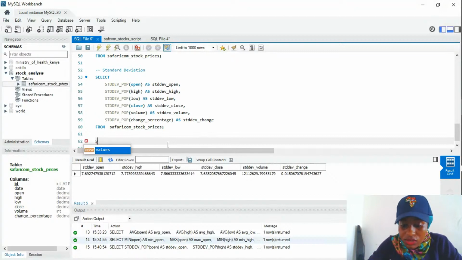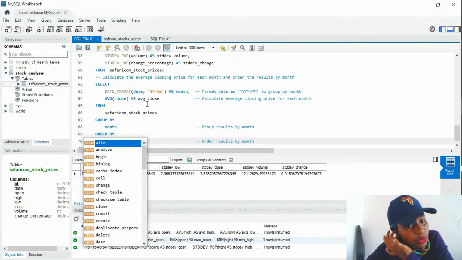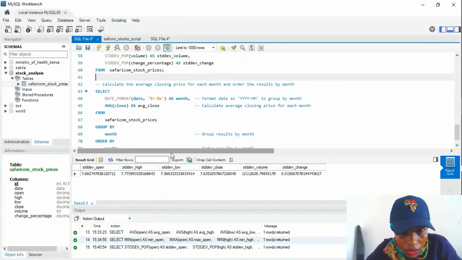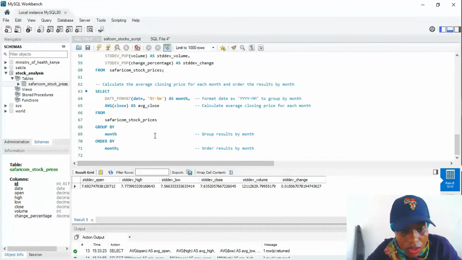In case I lose anyone, kindly just let me know. Good. Now, we want to calculate the average closing price for each month and order the results by month.